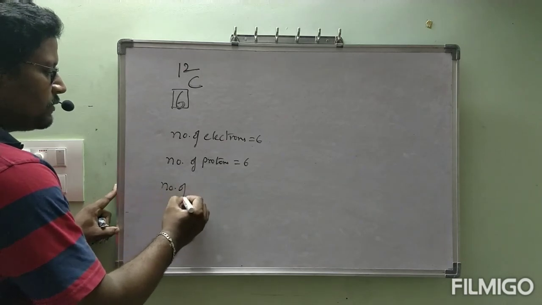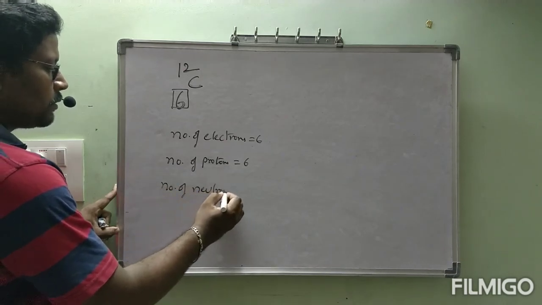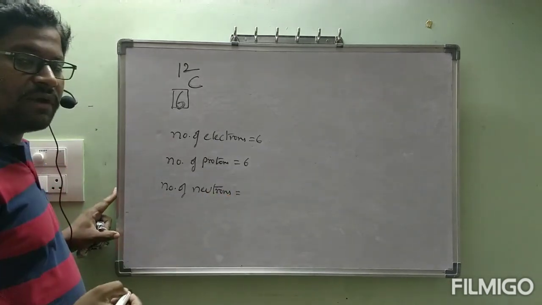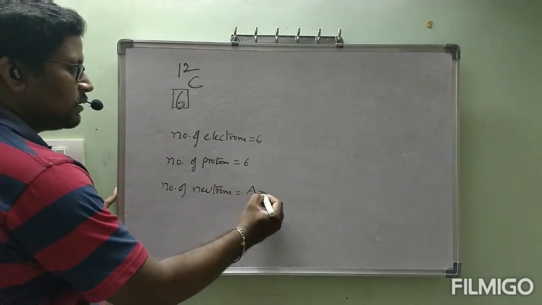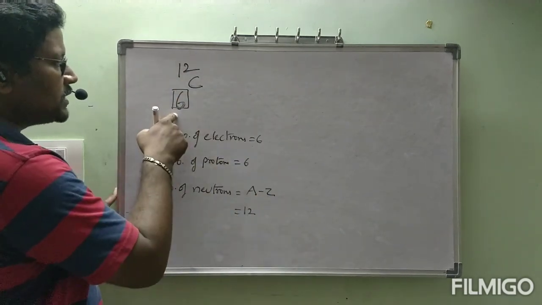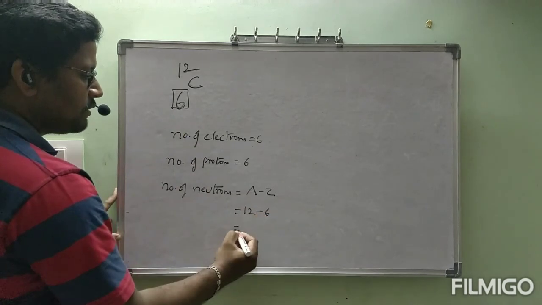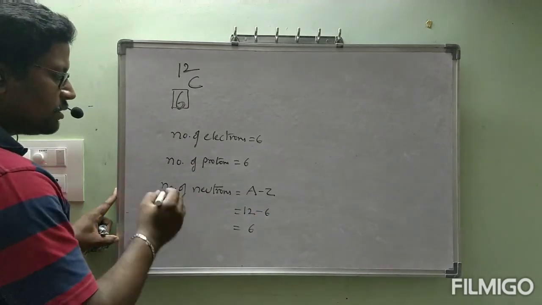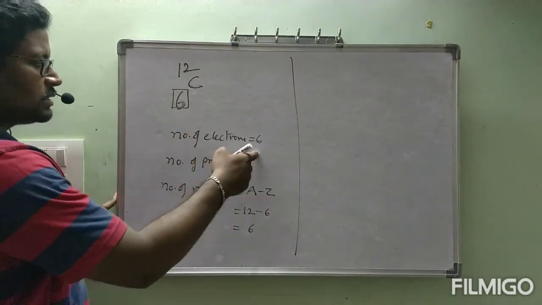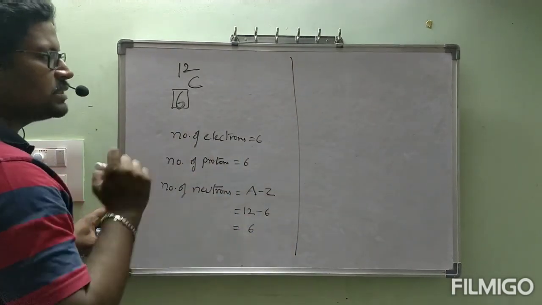Number of neutrons: what is the formula? A minus Z. What is the A value? 12. What is the Z value? 6. 12 minus 6 is equal to 6. So number of neutrons equals 6. Electrons 6, protons 6, neutrons also 6.